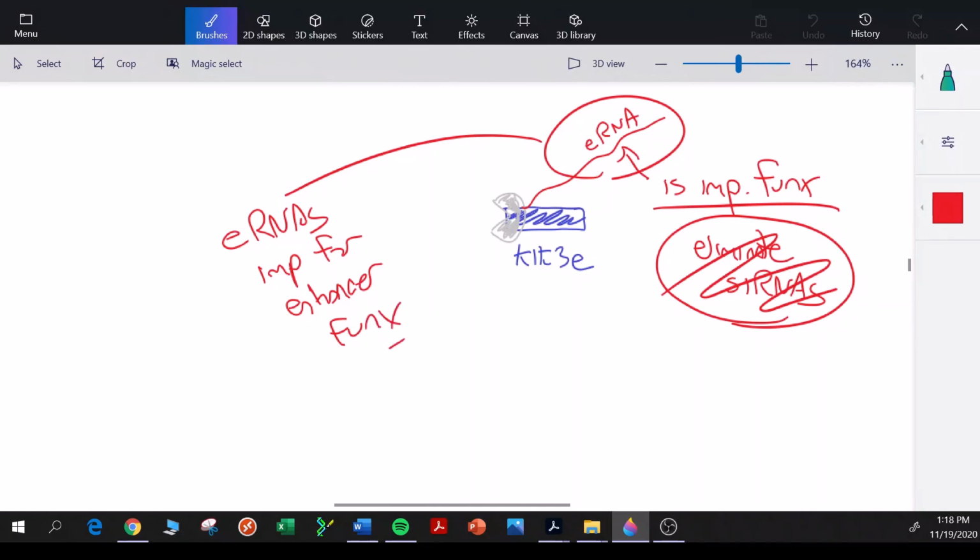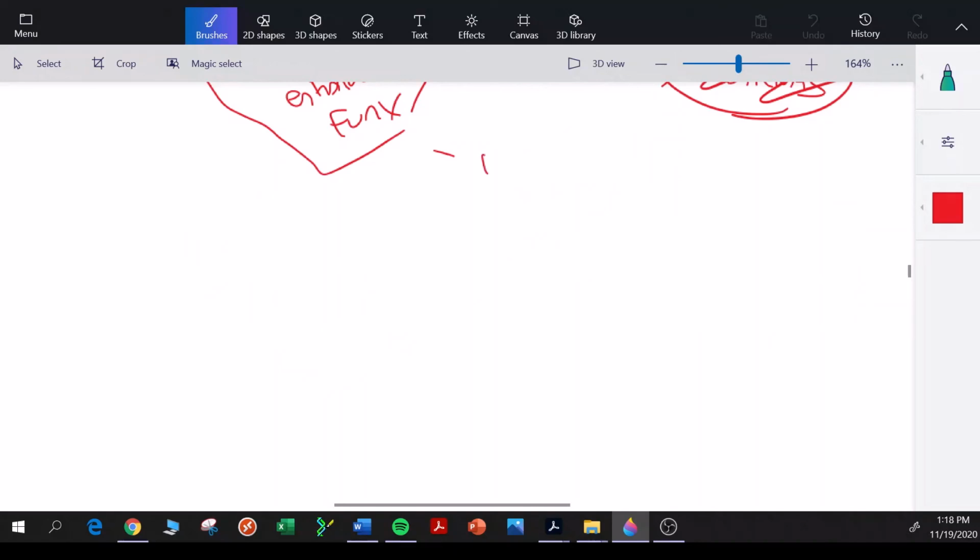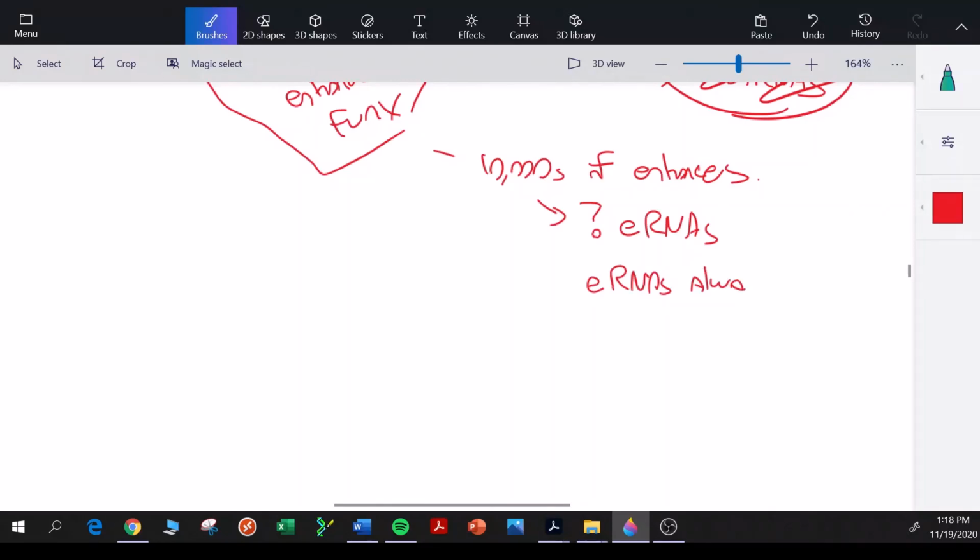Now this is an important finding, and it's a relatively new finding. And there are thought to be tens of thousands of enhancers in the human genome. And we don't know if they all make enhancer RNAs. And if they do all make enhancer RNAs, we don't know if the enhancer RNAs are always important for enhancer function. So we don't know that yet.